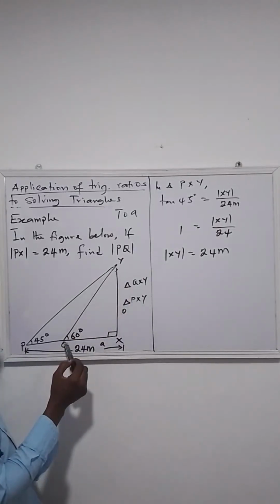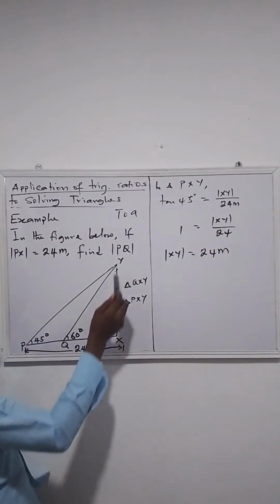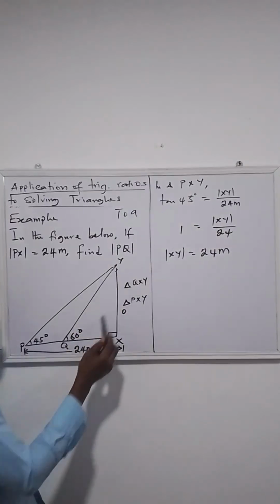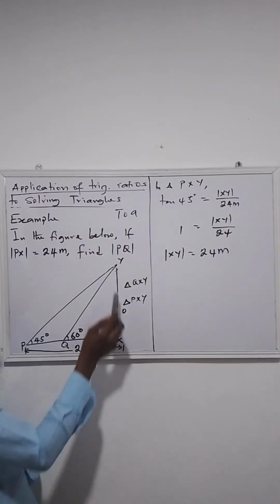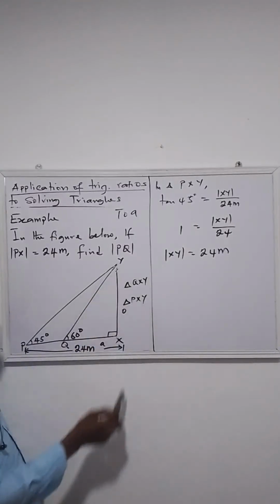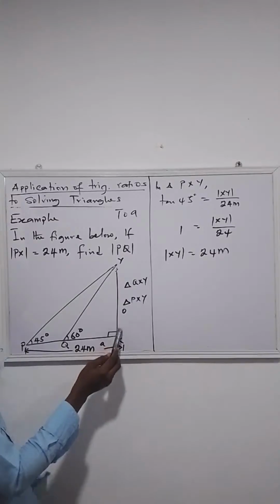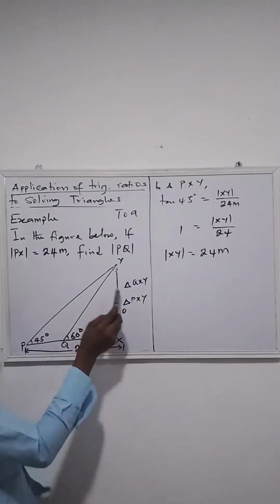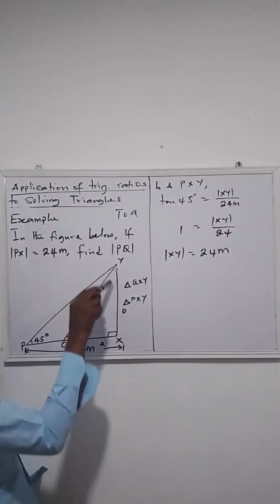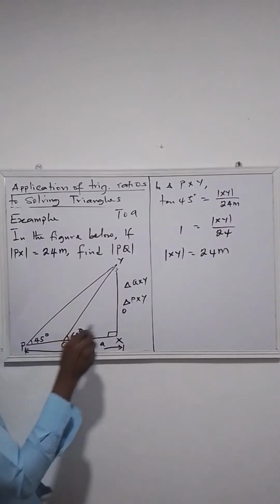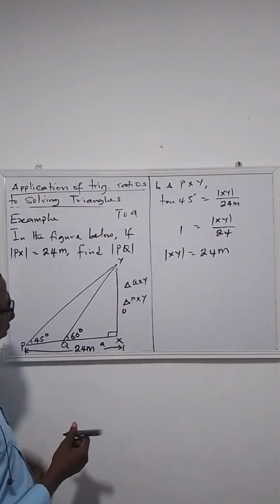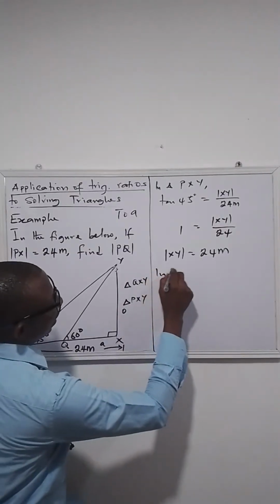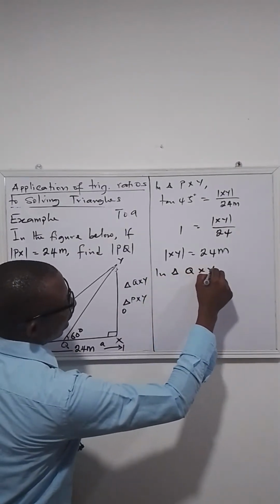Now, I can consider this triangle QXY, because one of the sides is known now. The side opposite in triangle PXY is also the opposite in triangle QXY.